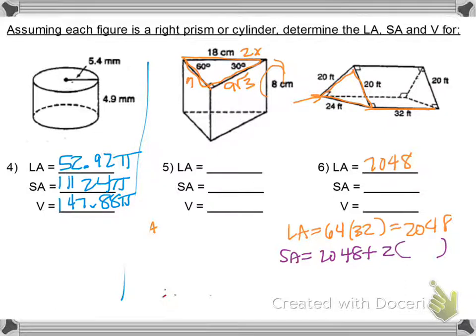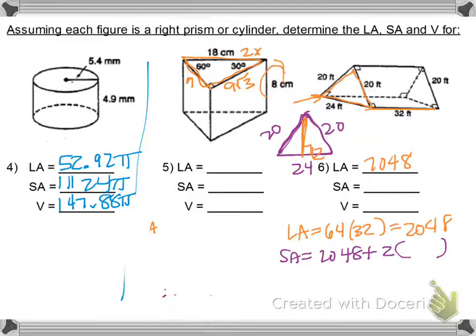So I'm going to come up here, and there's a couple of things you could do because this is not a right triangle. You could do Heron's formula here, or you can draw in an altitude, and you can find the height, and then just do base times height over 2. It's up to you. So I'm just going to draw in a height right here, which means that piece would be 12.